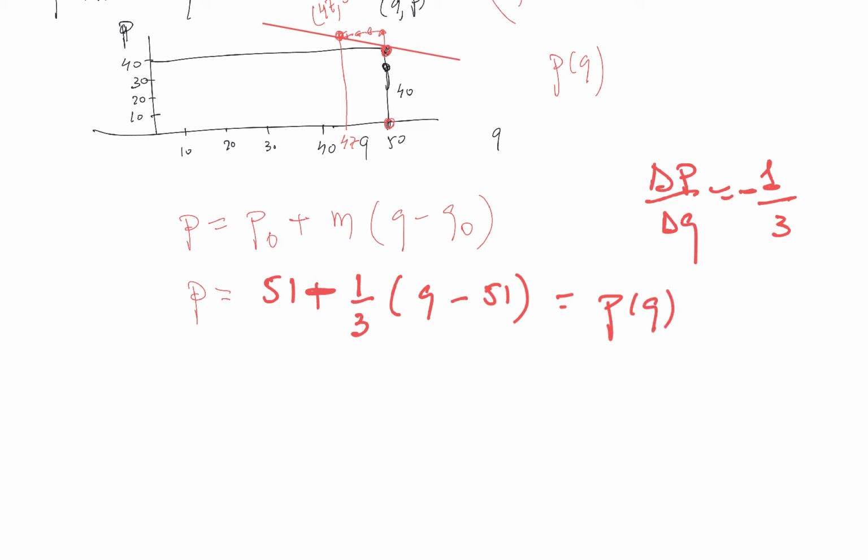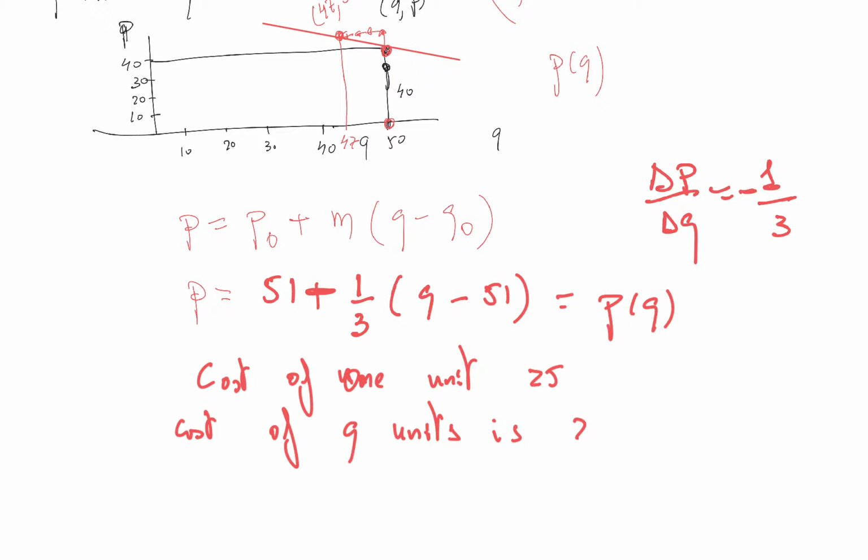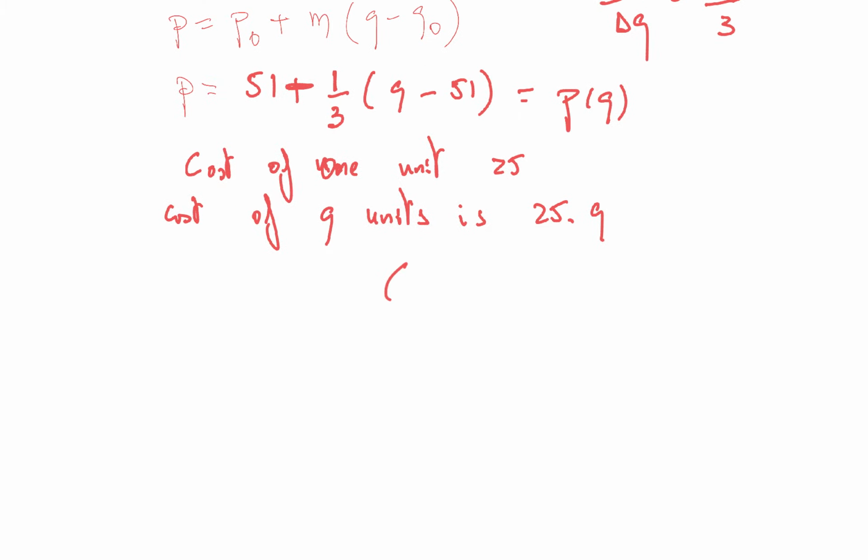And the cost of 1 unit is $25. The cost of Q units is 25 multiplied by Q. So the expression for C of Q, the cost, will be 25Q.